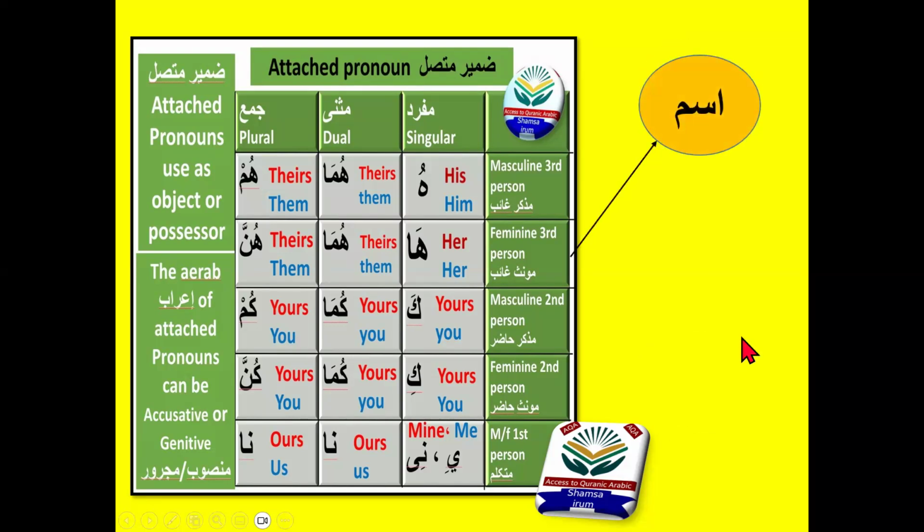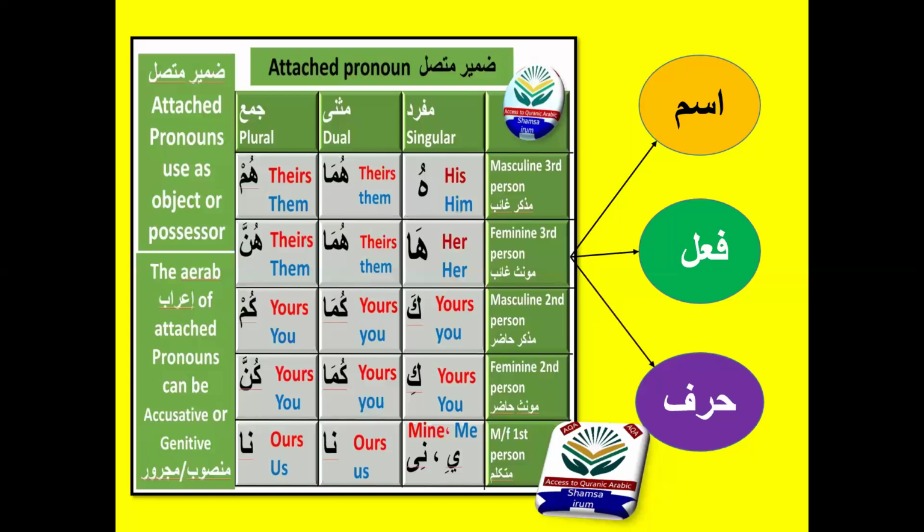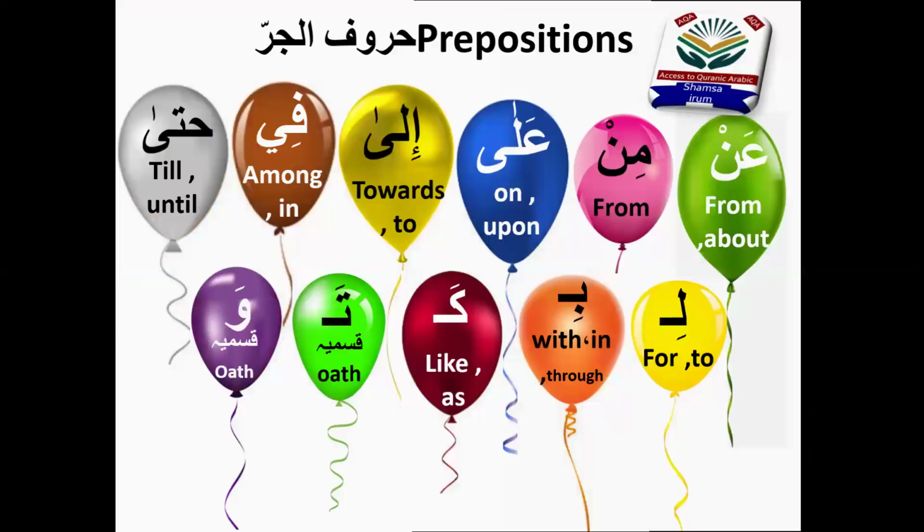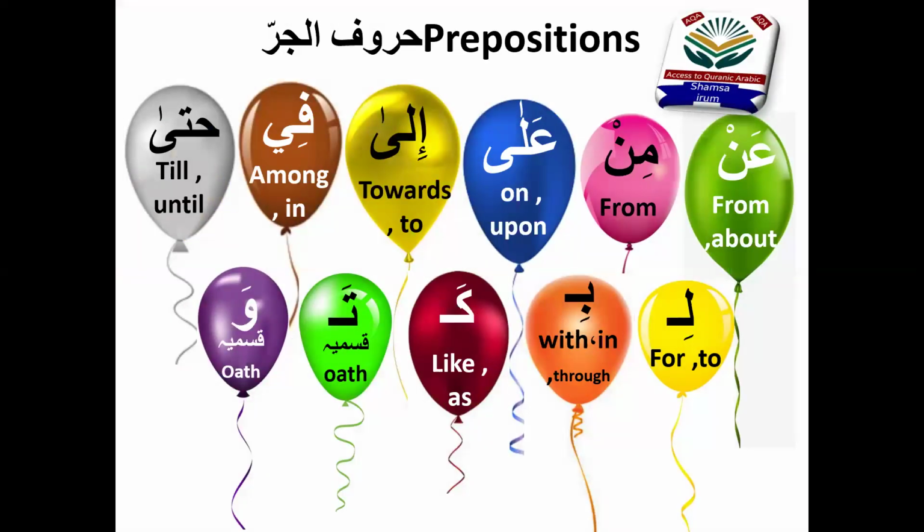Attached pronouns can come with an ism. They also come with a fail, a verb. They also come with a harf. So they attach with ism, with fail, with harf. Today we will cover the harf, that these pronouns will come with prepositions. How they will come and how they will look, inshallah ta'ala, we will learn in detail.